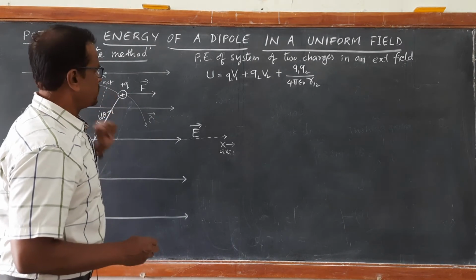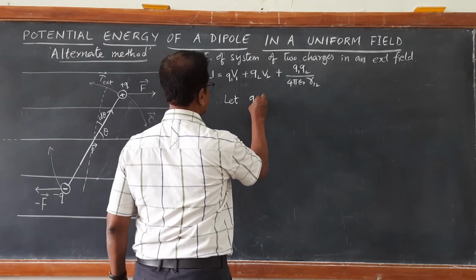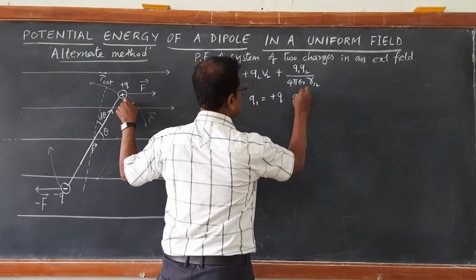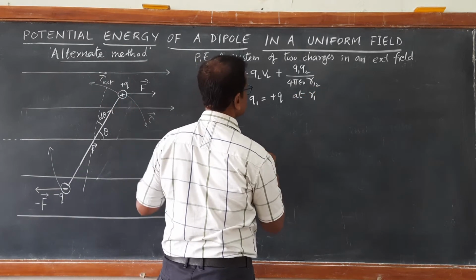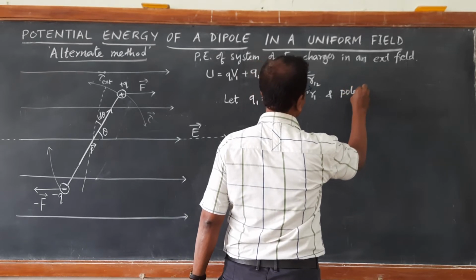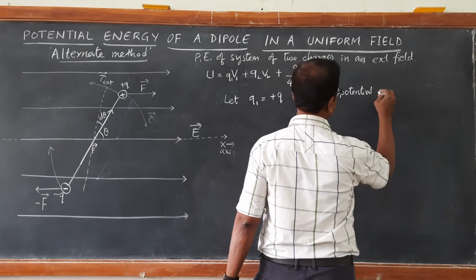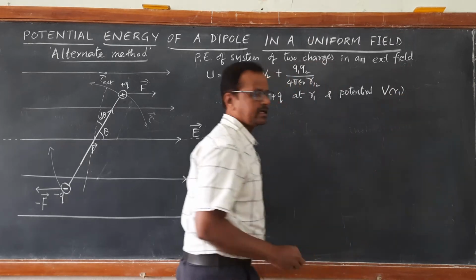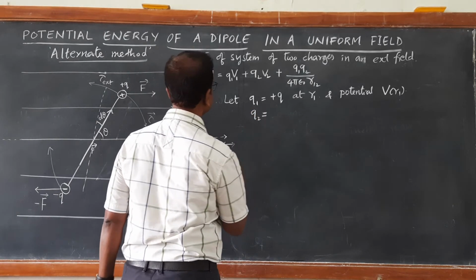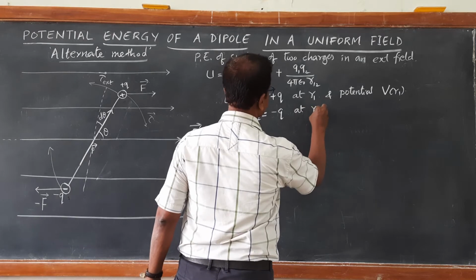Now, let us consider what is V1 and what is Q1 here. Let Q1 be equal to plus Q charge at position R1, and the potential at that position due to external electric field, let us take that potential to be V1. Similarly, let us take Q2 to be equal to minus Q charge, and let us assume that this is at position R2.